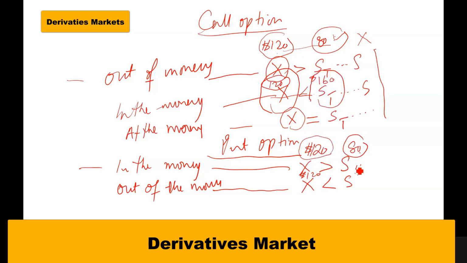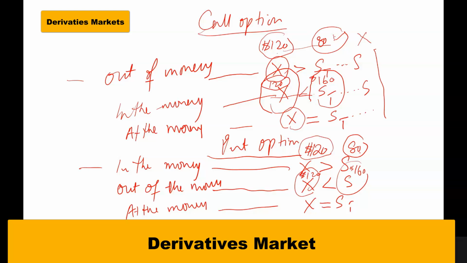So it will be beneficial for you to let your option expire and sell your share in the market for 160. And again, if the exercise price is equal to the spot price, this is an at the money put option, because the exercise price is exactly the same as the spot price at expiration.